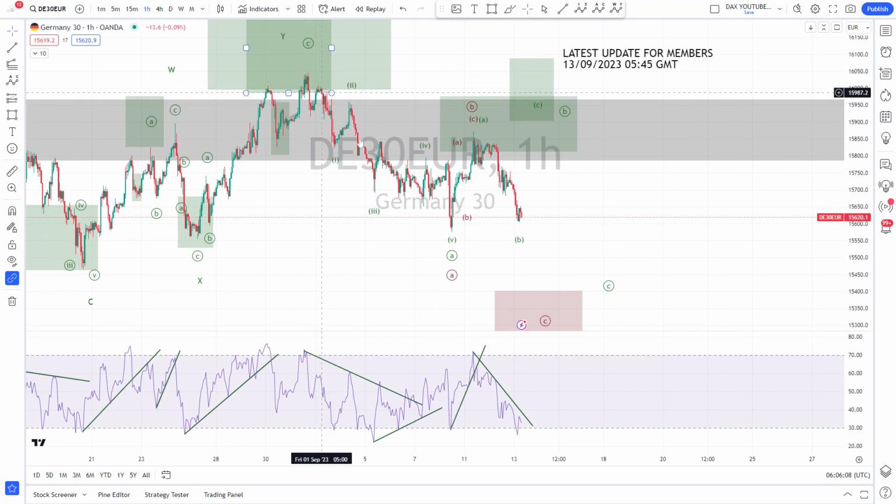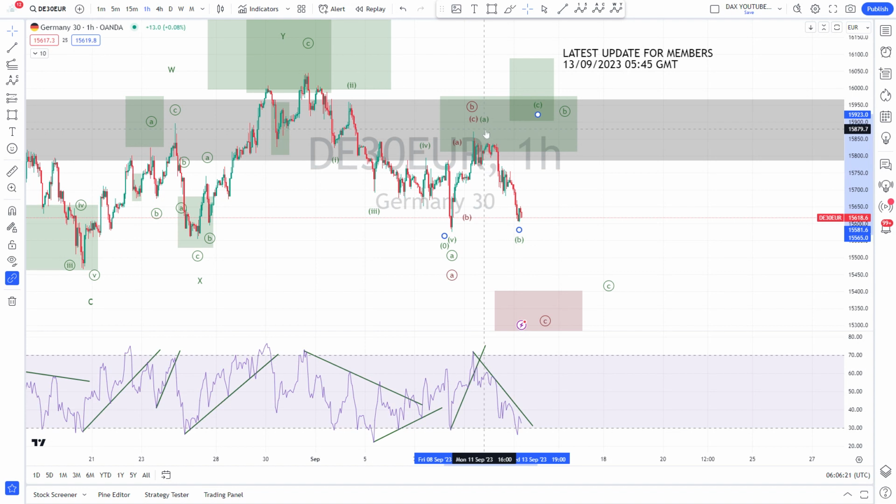So this is our wave A here, 5 waves down. And then, what we now have here is a wave A up here in, excuse me, in 3 waves. So this would be a flat structure actually. 1, 2, 3, wave A, then a wave B down.